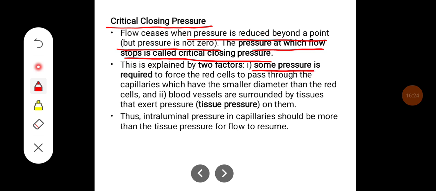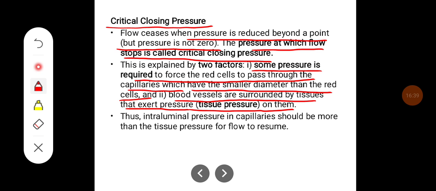One is some pressure is required to force the red cells to pass through the capillaries, which have a smaller diameter than the red cells. And second, the blood vessels are surrounded by tissues that exert pressure, that is the tissue pressure, on them. Thus, intraluminal pressure in the capillary should be more than the tissue pressure for the flow to resume.